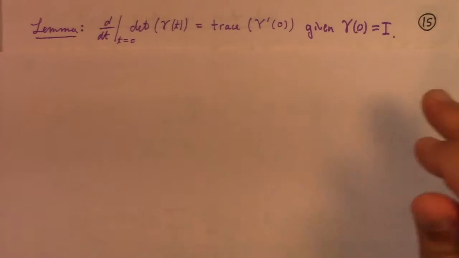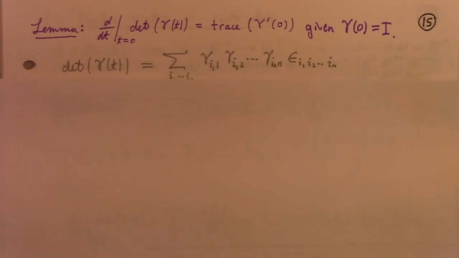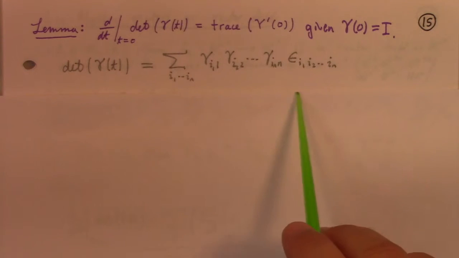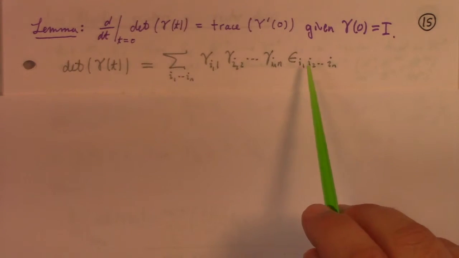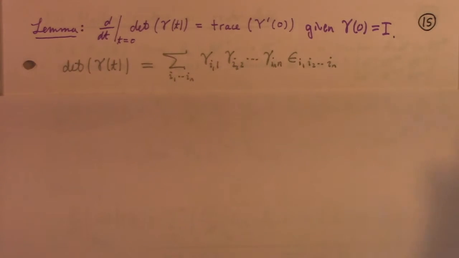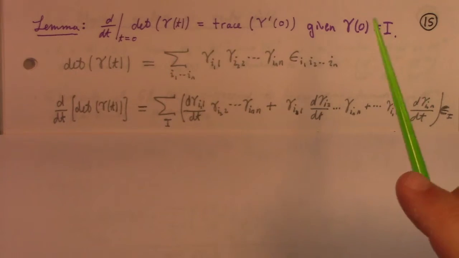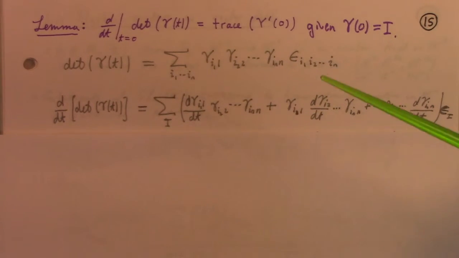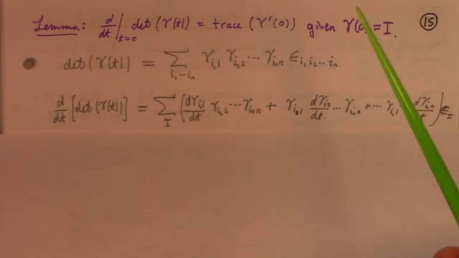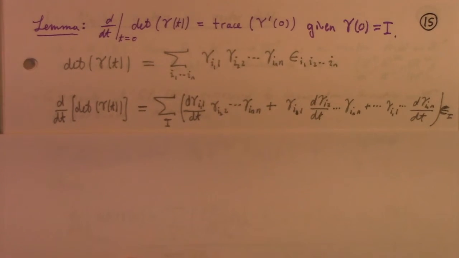Here it is. I can calculate the determinant by this summation, which is explicitly multilinear in either the columns or rows of gamma, however you want to look at it. It doesn't really matter, because the determinant of the matrix is the determinant of the transpose, so I can be a little nonchalant about that. Of course, we could be precise.